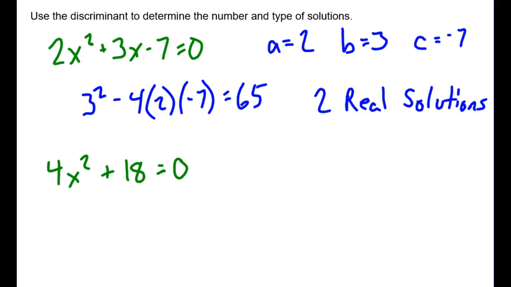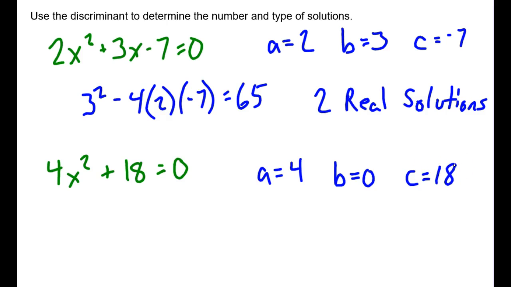In this next example, we have 4x squared plus 18 equals 0. We need to identify what the a, b, and c values are. A is equal to 4. There's no middle term. There's no x term. That means our b value is 0, and c is equal to 18.